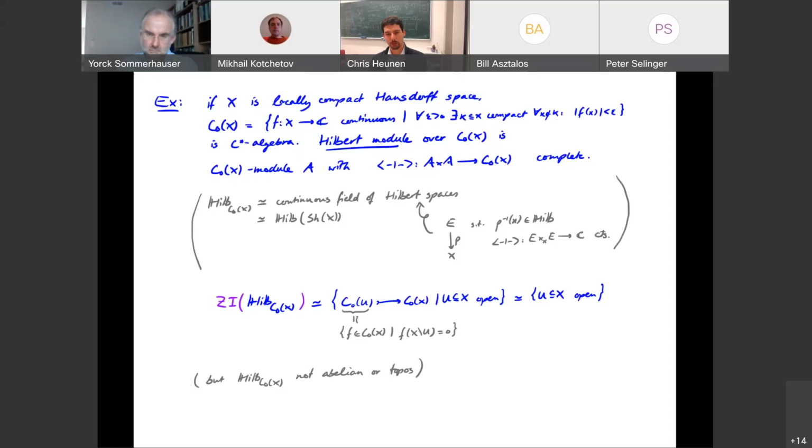I want it to be Cauchy in the sense that the inner product of a_i minus a_j with itself becomes a Cauchy sequence in C_0(X). In the Banach space C_0(X), I want there to exist an element a of A such that that sequence converges to the inner product of little a with itself.